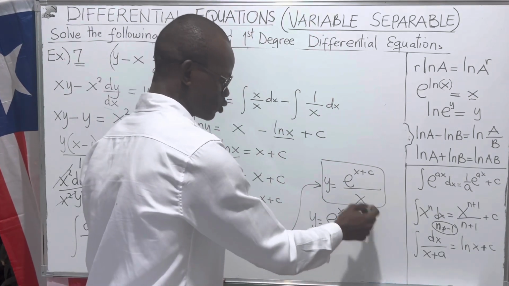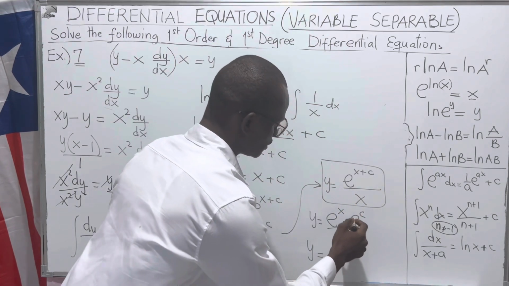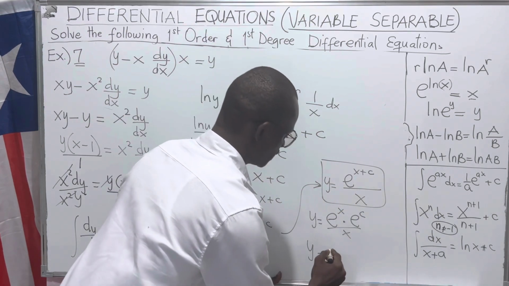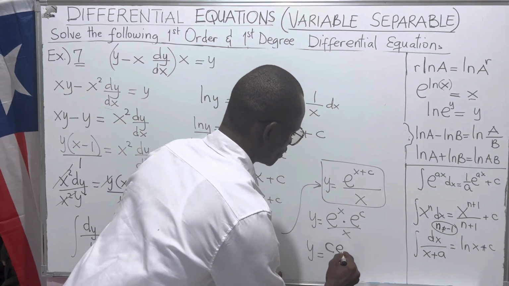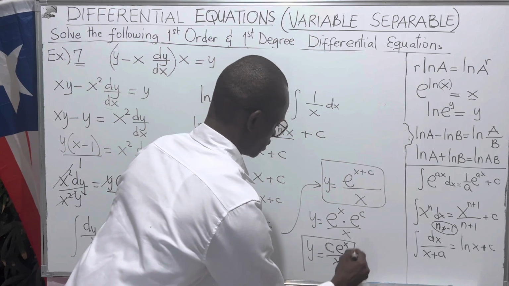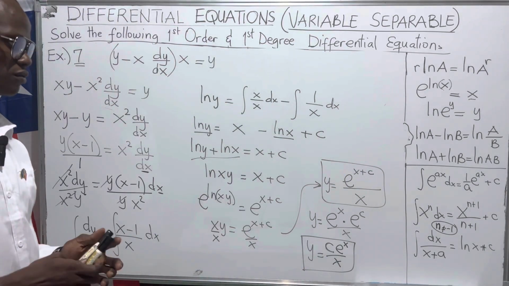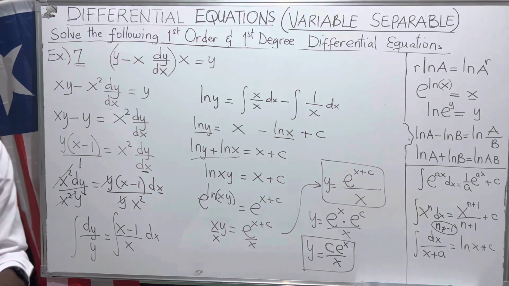So we could say this whole thing is just c. So we say y equals c e raised to x all over x. This now becomes our general solution of the given differential equation.